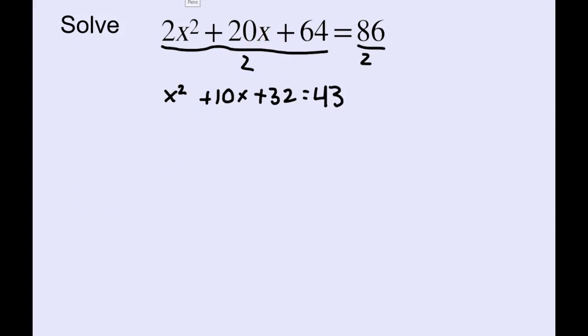Okay, let's see what needs to happen now. So we want to start drawing our square. We want to make this left side into a perfect square. Let's see how close it is. Well, we've got x squared right there, and then we've got 10 x's.